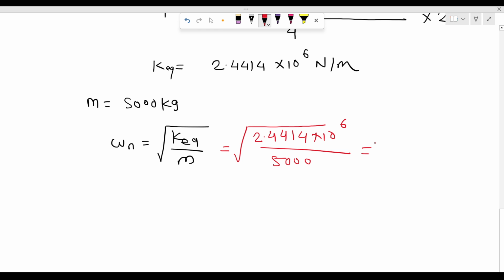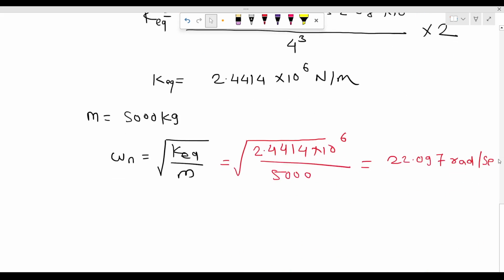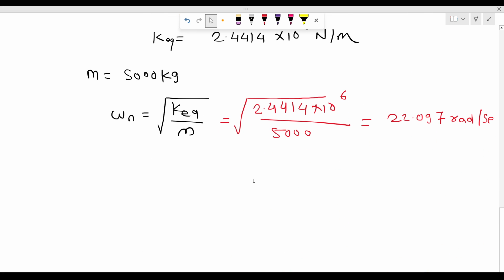So we will get the frequency 22.097 radian per second.